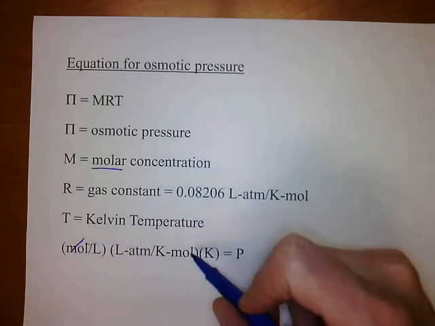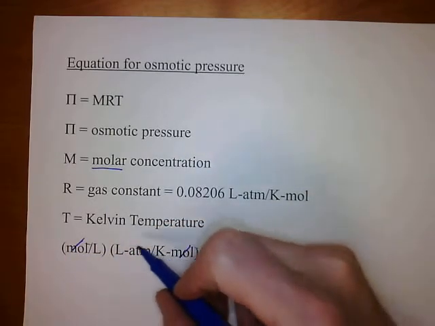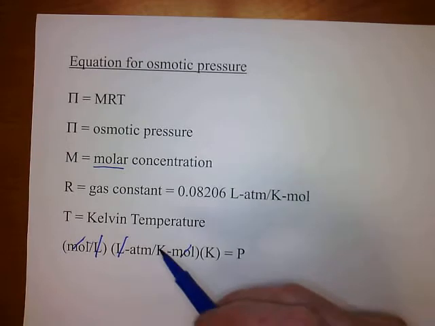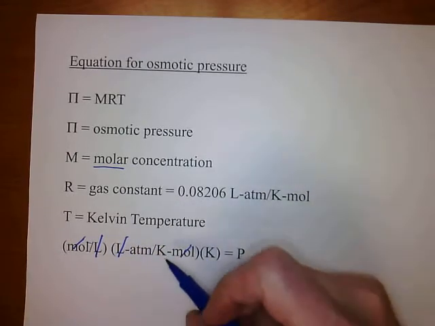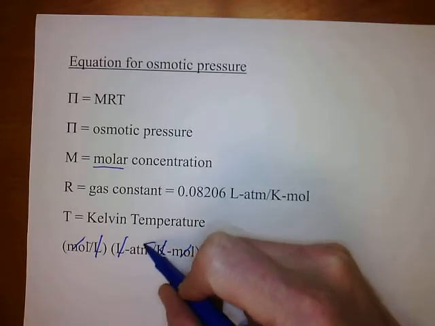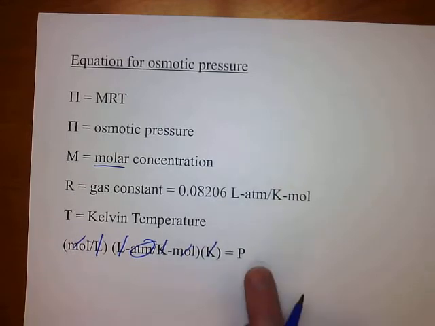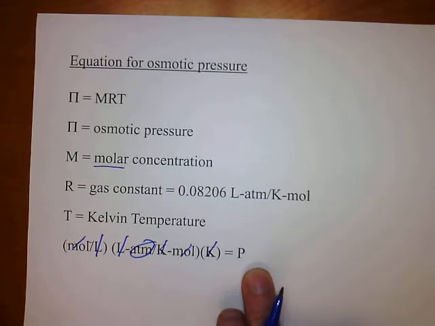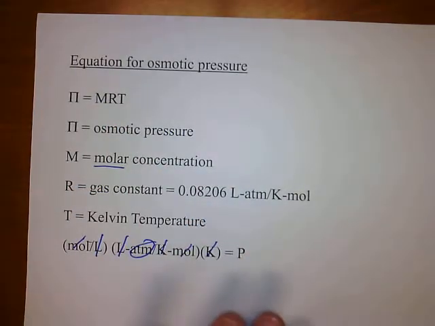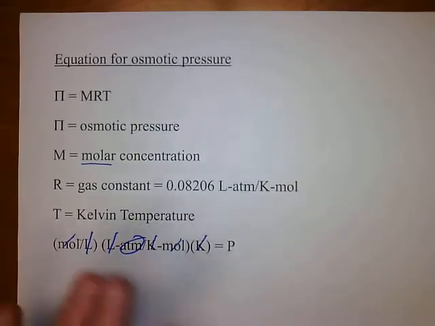We've got moles on the top and moles on the bottom, and liters on the bottom and liters on the top, and Kelvin on the bottom and Kelvin on the top, and everything cancels except for atmospheres, which is a unit of pressure. Okay, so molarity times the gas constant times the temperature. Temperature has to be in Kelvin for this to work. Have to be consistent with your units.